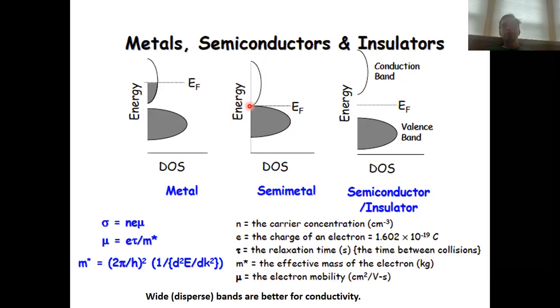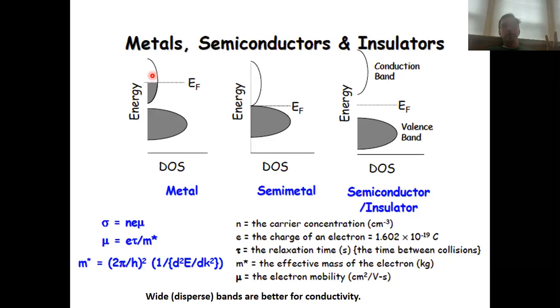Now, how can you qualitatively understand why a band structure like this leads to high electronic conductivity, metallic conductivity, and this situation here leads to low electronic conductivity? This is because when the Fermi level cuts the band, electrons can very easily be excited from a ground state to an excited state. It requires very little energy.